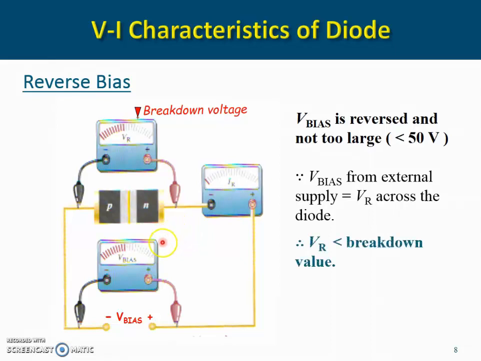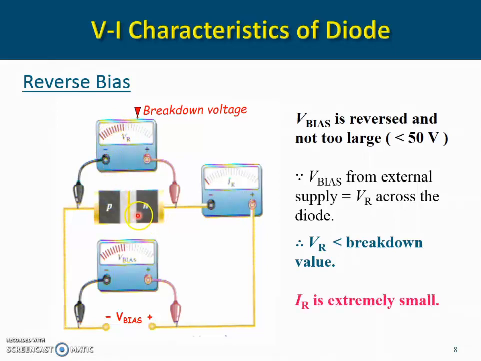Since V bias is the same as VR and we have set the V bias less than 50 volt, the VR has to be less than 50 volt also. As you can see from this meter, this reading is below the breakdown voltage 50 volt, and now the VR is this value, less than 50 volt.